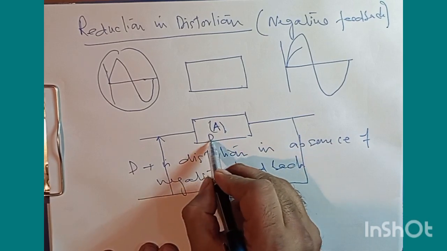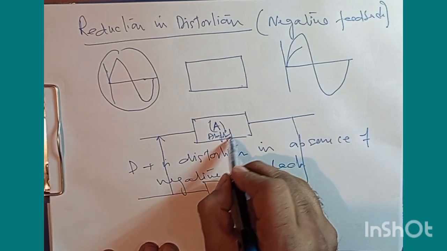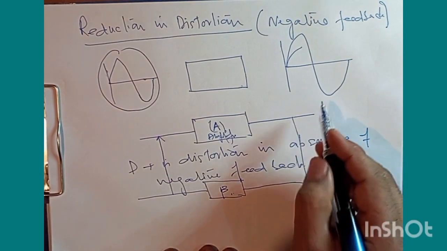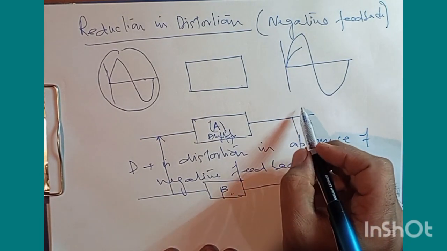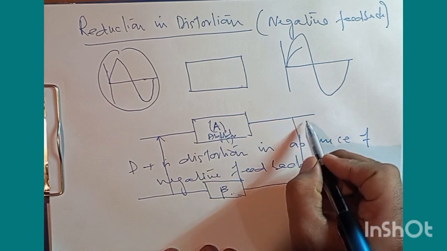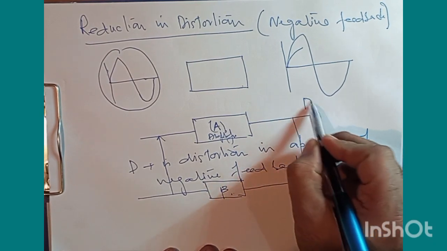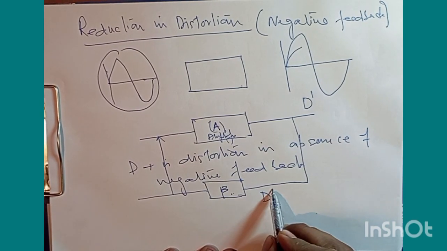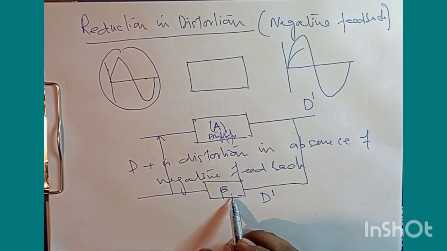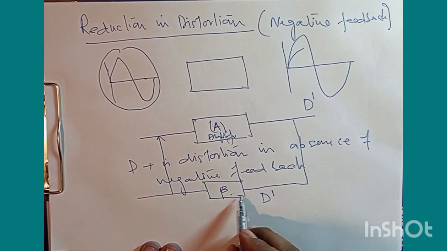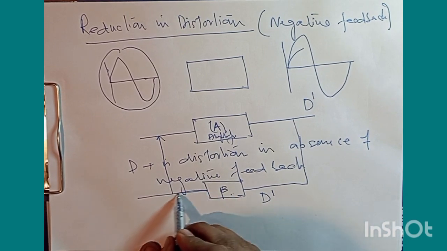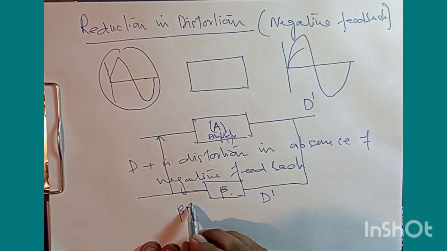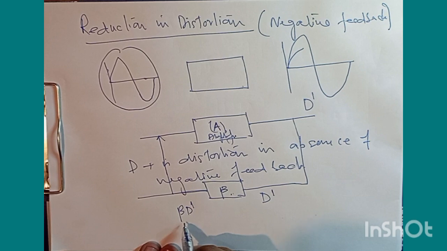So here, this is my amplifier, and this is my feedback circuit. Let me assume that I start with the distortion D dash. This D dash will be input to the feedback circuit, and the output will certainly be beta D dash.